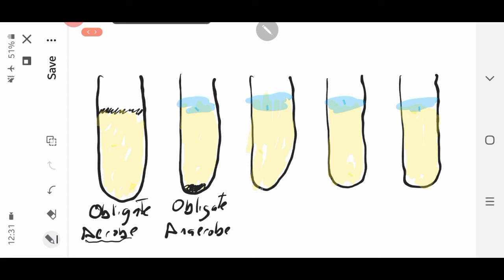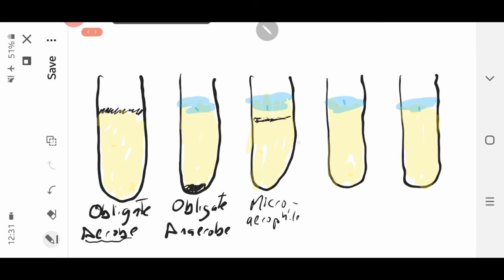Let's talk about a microaerophile. Okay, philic or phile means loving. Micro means little amount. So a microaerophile can't have too much oxygen. So up here is too much oxygen, down here is way too little. There's just a very narrow band in which they can grow, and you would see them like just a solid ring.